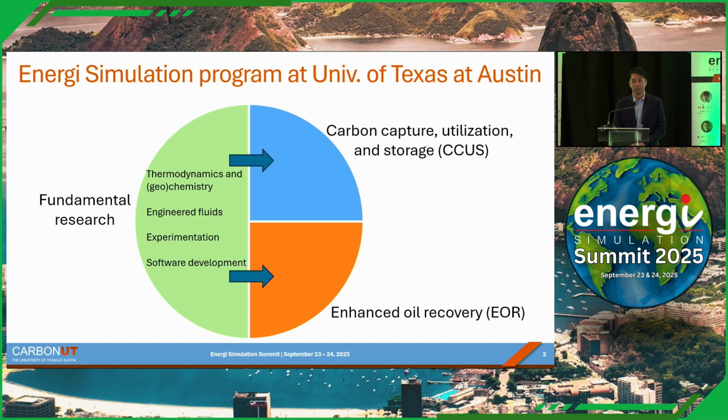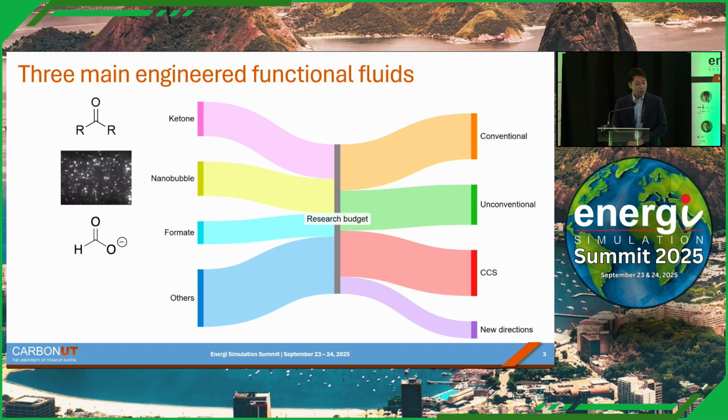So we have developed new ideas that have a practical impact on oil field applications and also CCS for the past years. And I'm excited to share three major topics from our program. So I'm going to focus on three things.